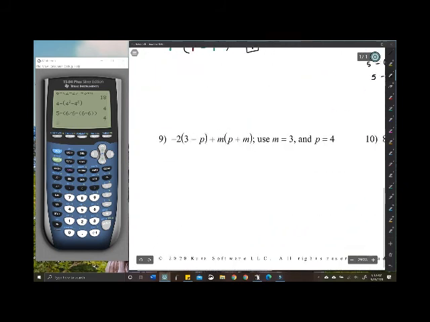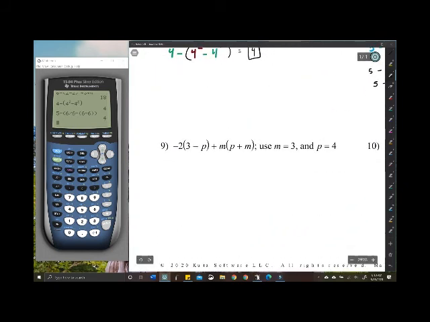Okay, number 9 here. So P is 4. So negative 2 quantity 3 minus 4 plus 3 quantity 4 plus 3. We are going to get, so order of operations from here, negative 2 times negative 1 plus 3 times 7.